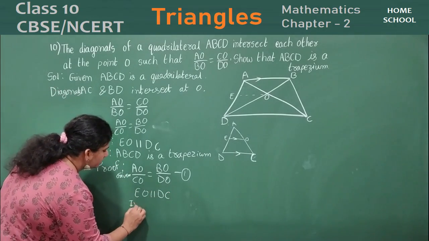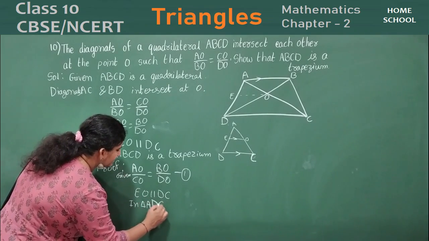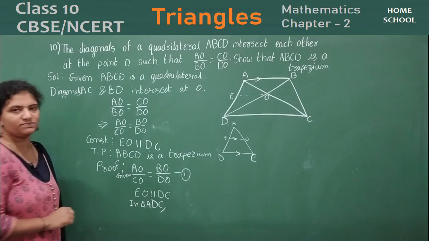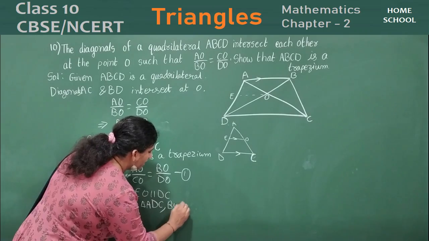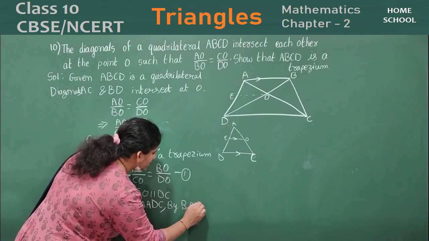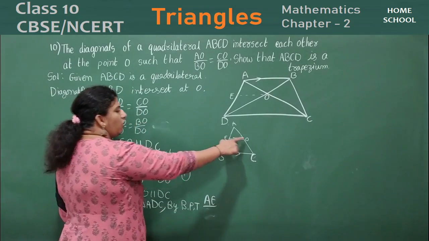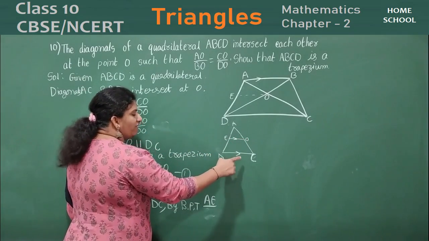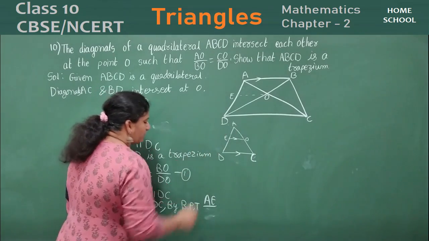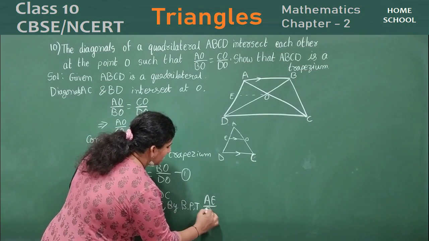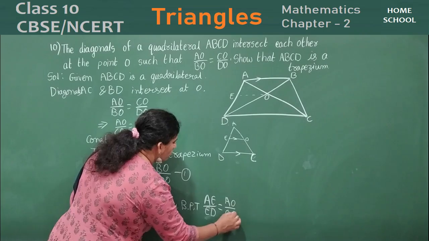In triangle ADC, I know EO is parallel to DC. Therefore, by the basic proportionality theorem, if EO is a line parallel to any one side of a triangle, then it divides the other two sides in proportion. That is AE by ED is equal to AO by OC.